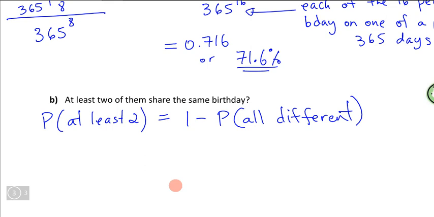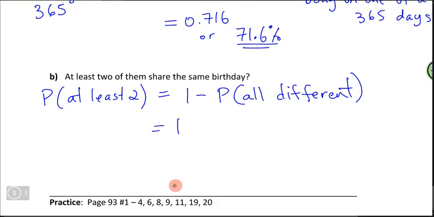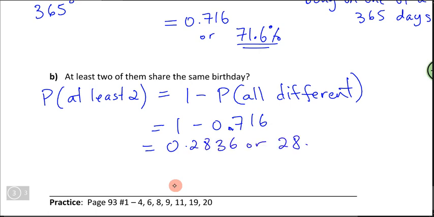So the probability at least 2 people share the same birthday would be every other possibility than them being all different. So that's why it's 1 minus the probability of all of them being different. And that's just 1 minus 0.716, which is 0.2836 or 28.4%.